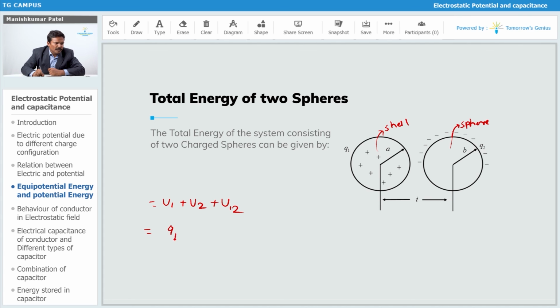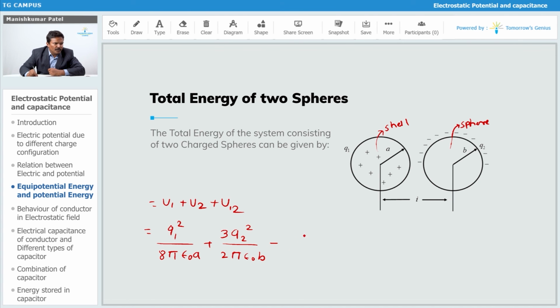That is nothing but q1 square upon 8 pi epsilon naught into a. Similarly, you can write it for your sphere, that is 3 q2 square upon 20 pi epsilon naught into b.